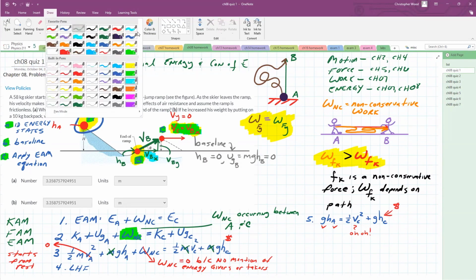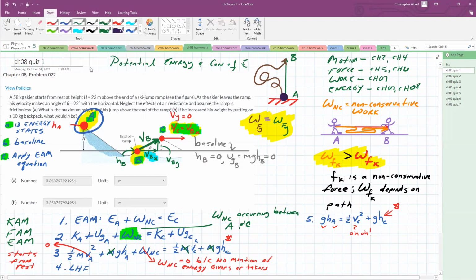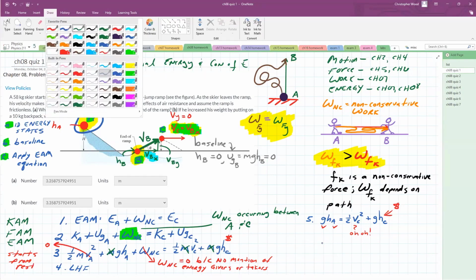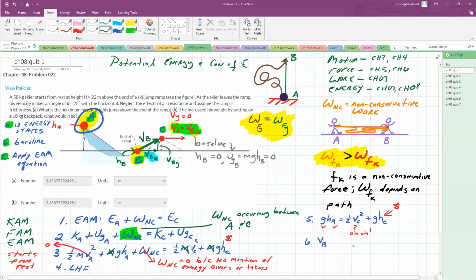Let's go back and keep going. Number 6. v_Bx equals v_B cos theta, and that is the same as v_C. Let's just do a little trig sidebar here.